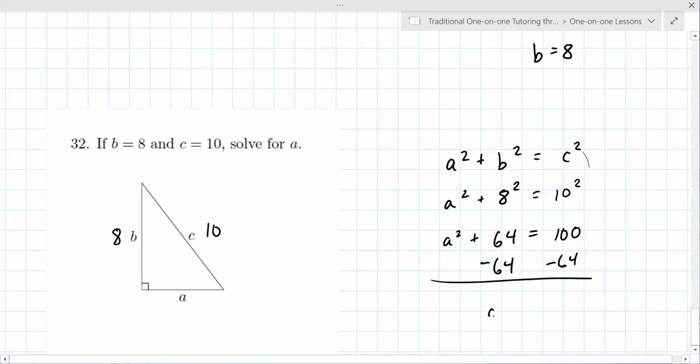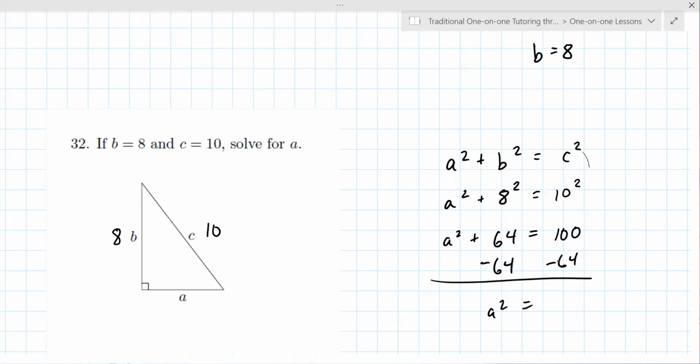What is 100 minus 64? 100 minus 64. Yes. 36.